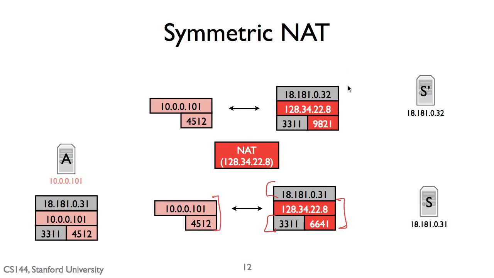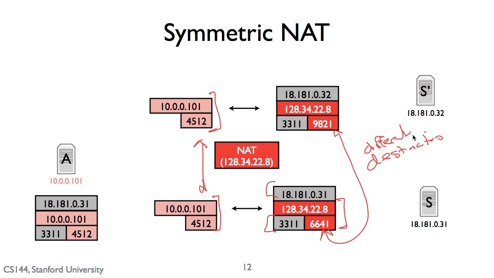So even though this source address port pair is the same for both of these streams of packets, the fact that the destination address port pair is different means the NAT sets up a separate mapping. Port 6641 and port 9821. So different destinations receive different mappings.